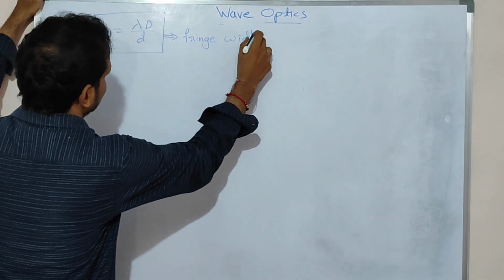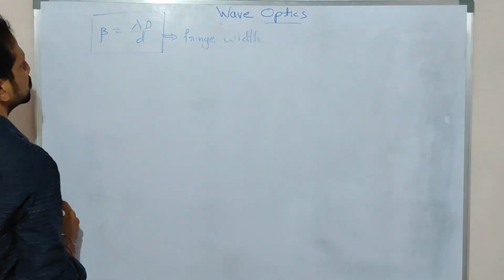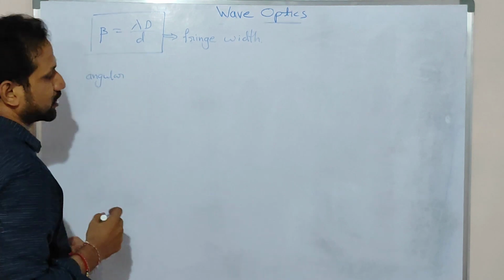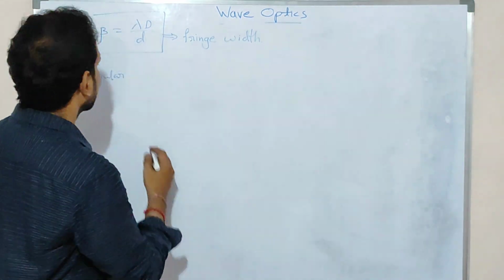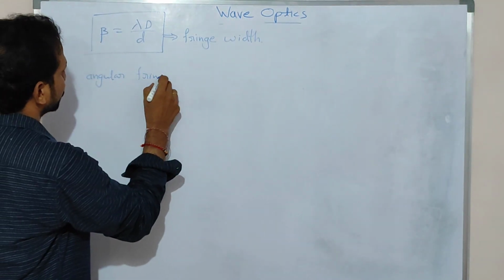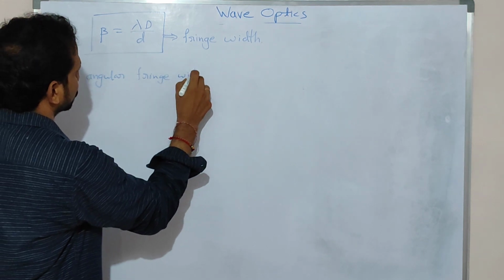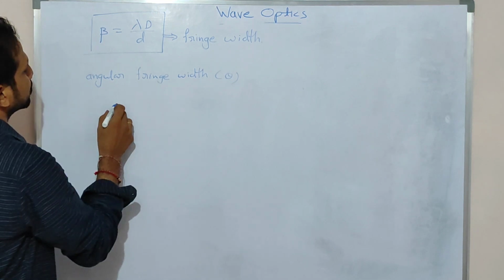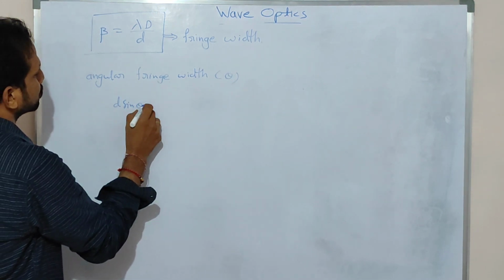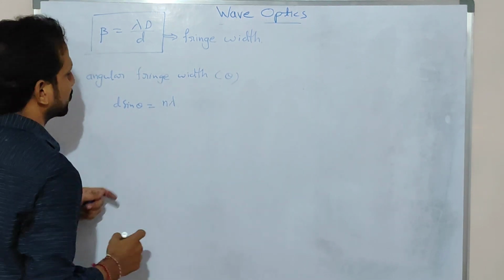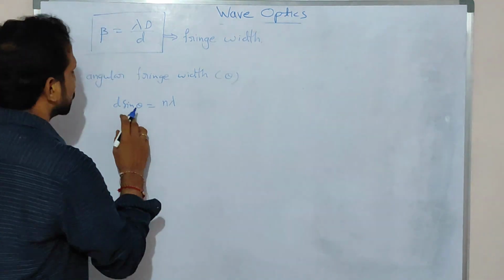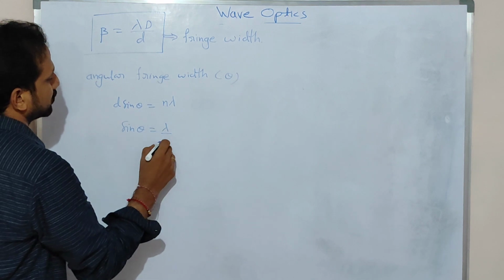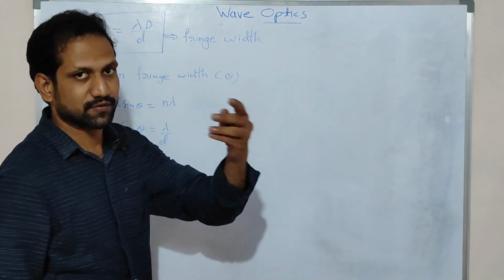Now there is something called angular fringe width also. Questions can be asked from the angular fringe width, whose symbol is theta. We can write d sine theta equals n lambda for a bright fringe, and sine theta equals lambda by d regardless of the order of the fringe.